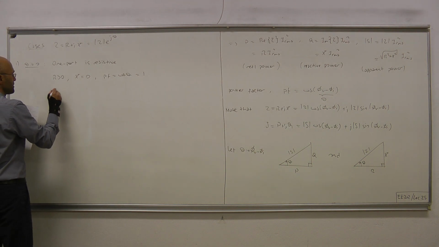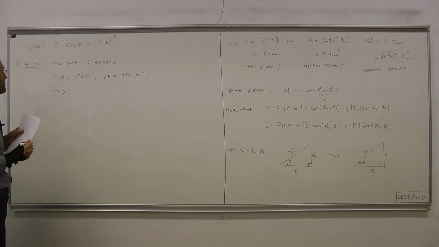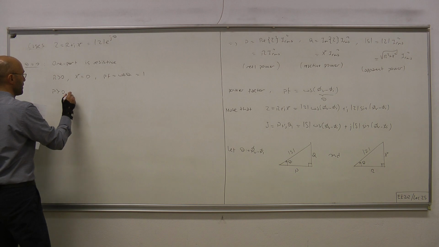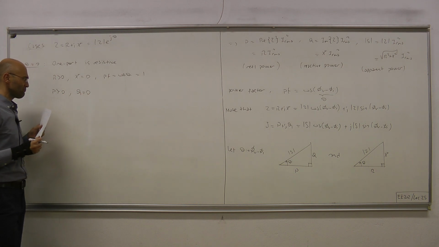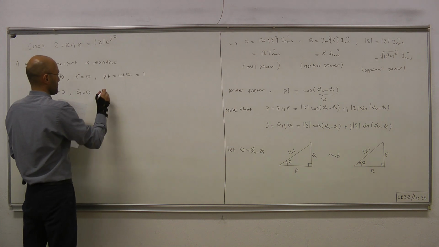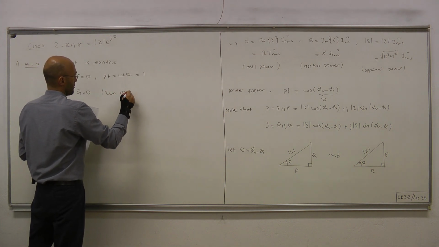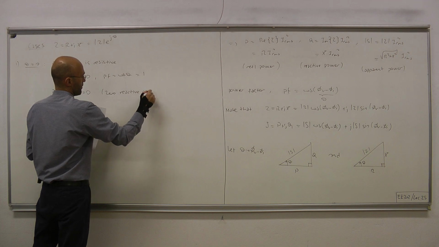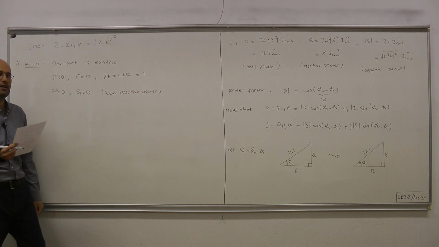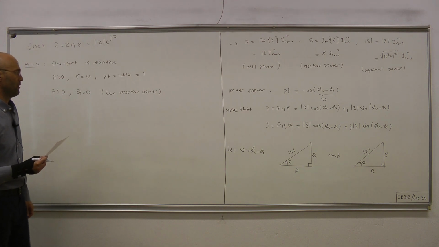As for the powers, the active power, or the real power, or the average power, it's positive. Reactive power is 0. This is the imaginary part of our complex power. So we have 0 reactive power. Hence, the apparent power, magnitude-wise, equals the average power.